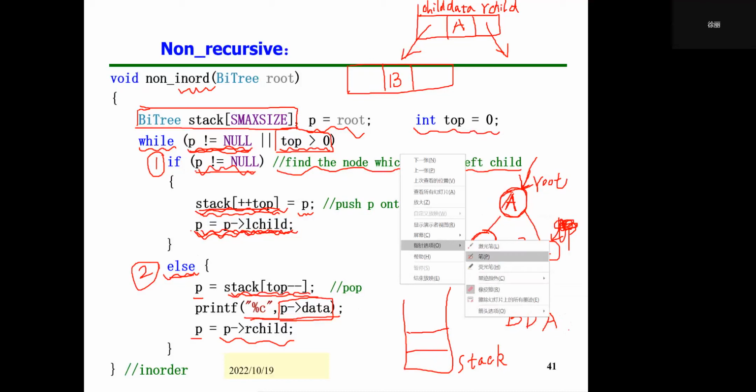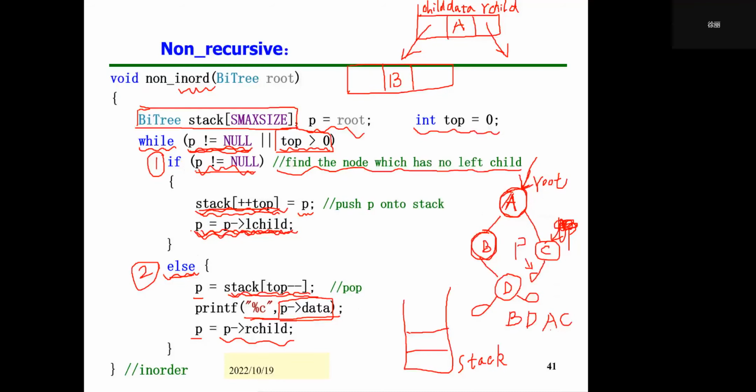So we visit C. Of course, if you draw the binary tree like that, we have visited all the nodes in this binary tree, but as for this program, we haven't finished. So let's say P goes to right, and the right of C is null, and now the stack is empty. That means we have finished the in-order traversal.